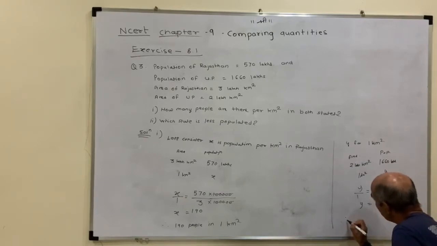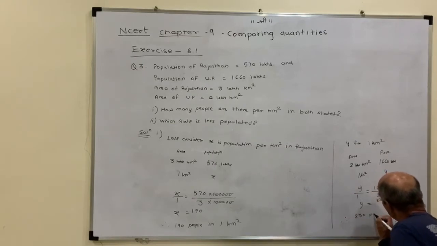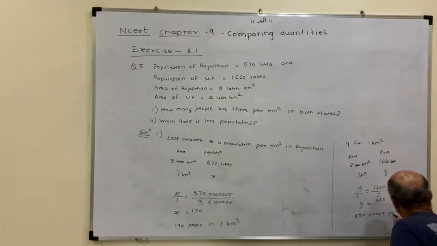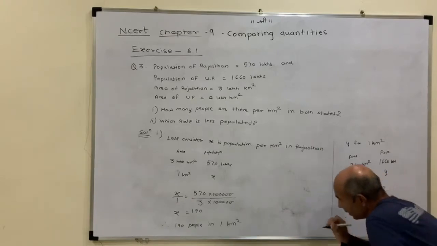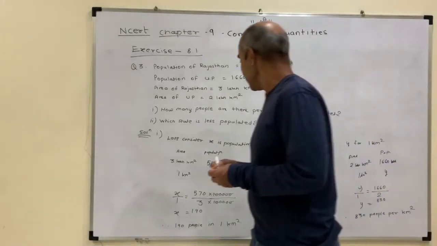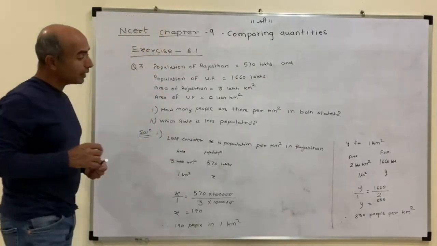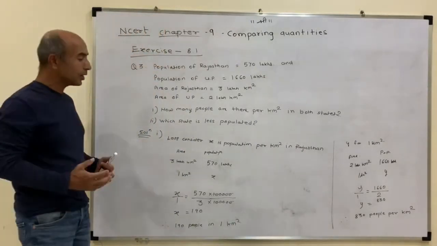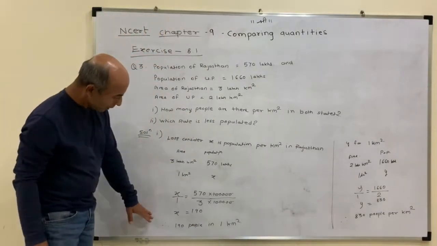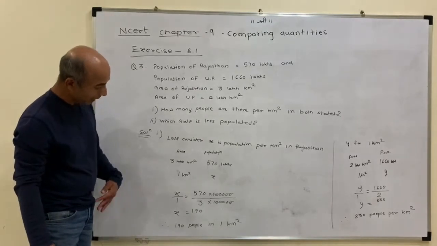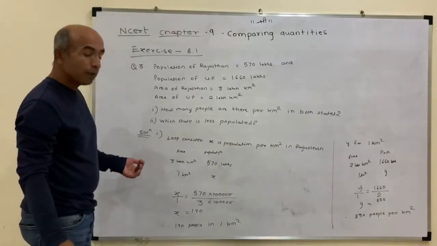So therefore 830 people per kilometer square. So now UP is having 830 people per kilometer square and Rajasthan is having 190 people per kilometer square.